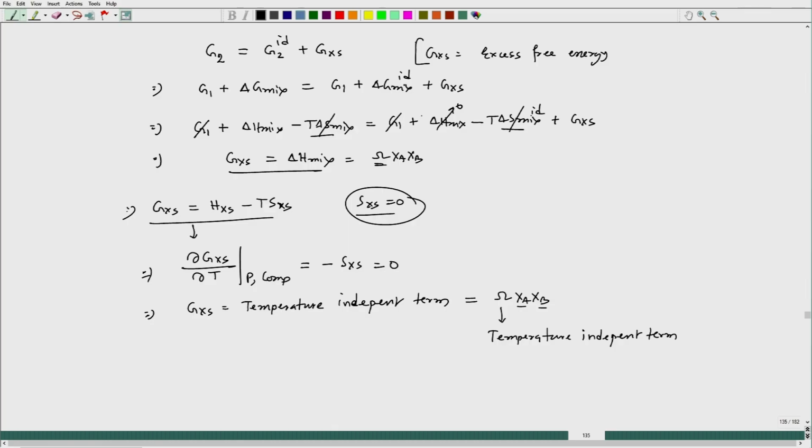In fact, if you see this omega expression, it is nothing but Avogadro number times Z times epsilon, where epsilon is EAB minus (EAA plus EBB) divided by 2. Now you see these potential energies do not vary much with temperature.